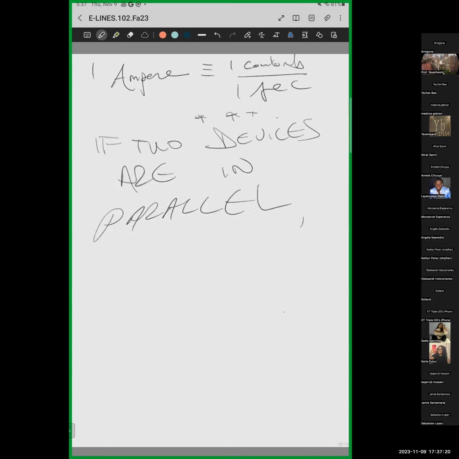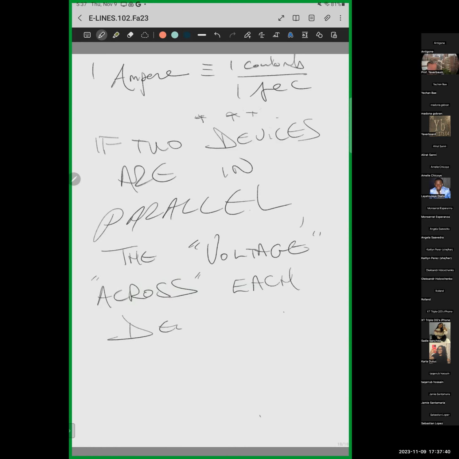However, the voltage across each device will be the same.